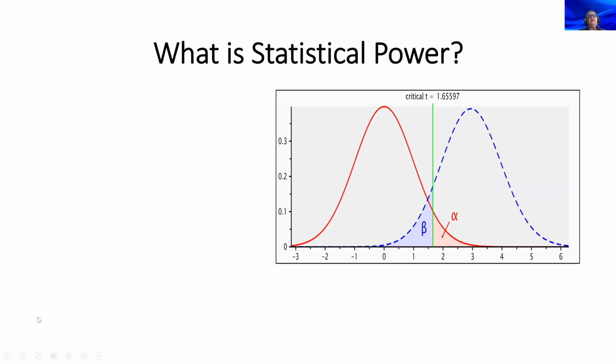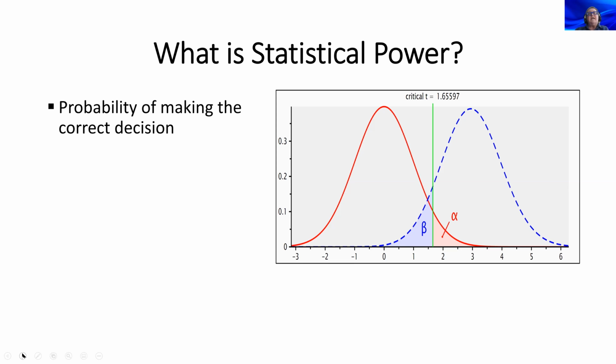Right. What is statistical power? There's a variety of different definitions. Cohen, from his seminal work and many texts that have been noted, we're looking at it as the probability of making a correct decision. So if we consider the two graphs located to the right, we have the critical t-value. We look at the standard mu of 0, 1 standard deviation.